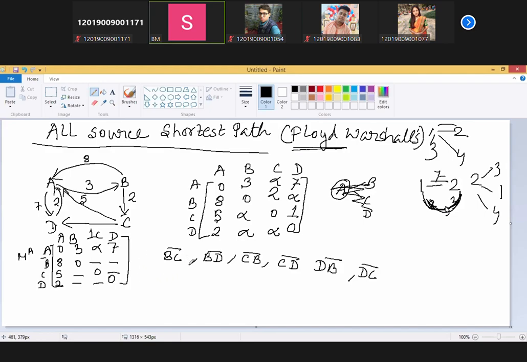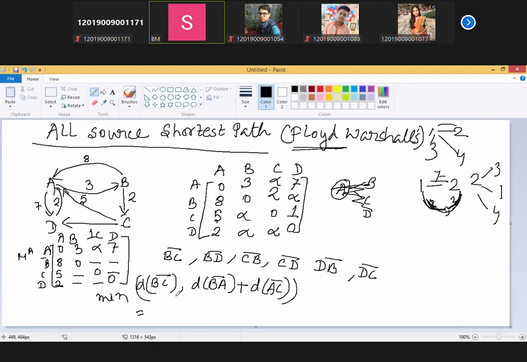So how will we proceed? The original distance of BC will be compared with the distance of B to A plus the distance of A to C, and the minimum of these two is taken as your answer for this iteration.